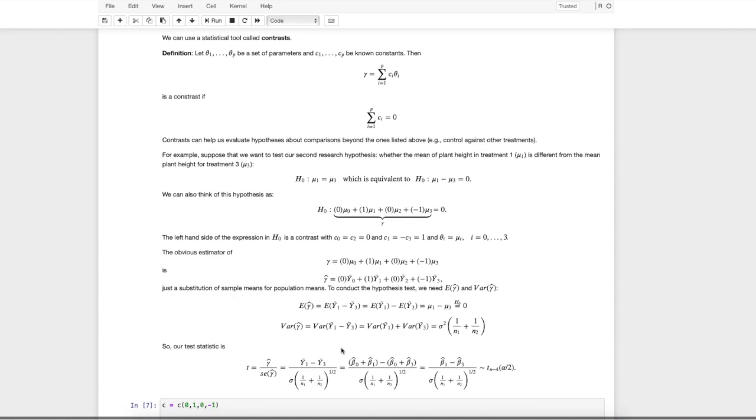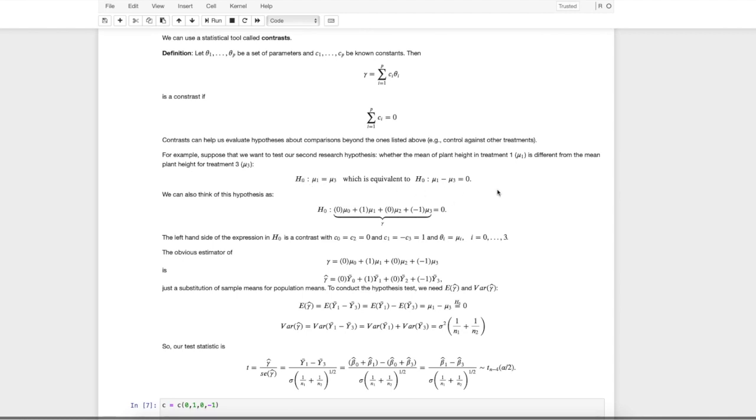I've repeated some of the definitions here just so that you can see them, and I've also done some derivations for this problem. So just as a quick recap, contrasts are linear combinations of parameters and constants, and we just need the condition that the sum of the constants is equal to 0. And really what they help us do is understand how to evaluate certain hypotheses that make comparisons beyond just the full F-test. So for example, suppose we want to test our second research hypothesis, the comparison of treatment 1 and treatment 3.